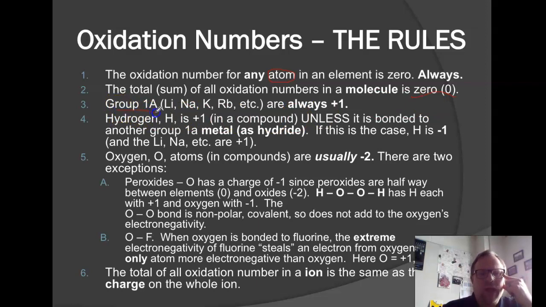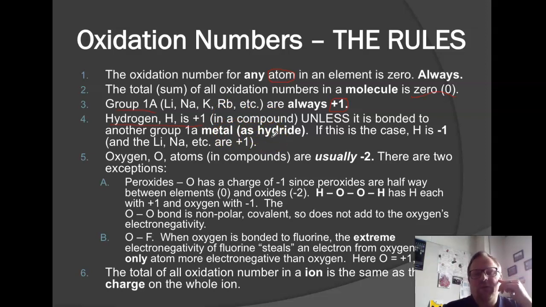Anything in group 1A has an oxidation number of positive 1. Then this next one is one of our most important. Hydrogen, in any form except for the exception below, will have an oxidation number of positive 1 when it's part of a compound. If it's bonded to a metal, it will be negative 1.